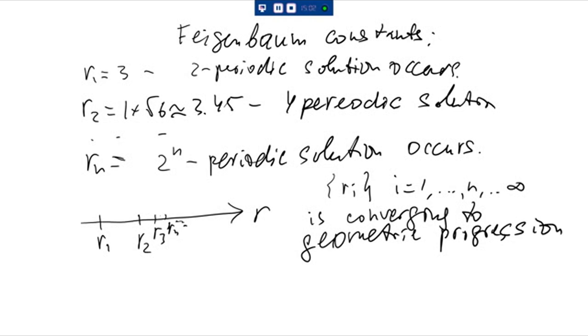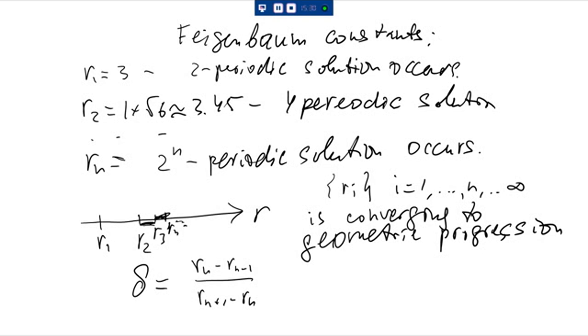And there is a constant associated, like a common factor for this geometric progression: Rn minus Rn minus 1, this distance, divided by Rn plus 1 minus Rn. This is the distance.